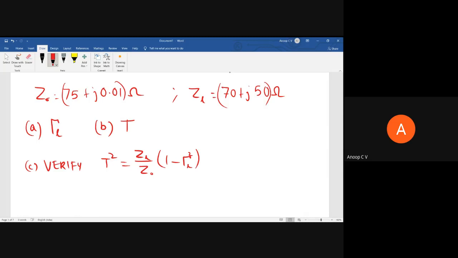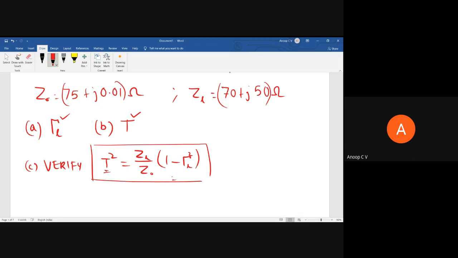So these are the three parts of this problem. First one, to find gamma L, the reflection coefficient at the load end. Even if they don't specify the load end, unless otherwise mentioned, you can find the reflection coefficient at the load end. Then the transmission coefficient, and you should verify this power relation, that is, you should show LHS is equal to RHS. So this is what you have to find.